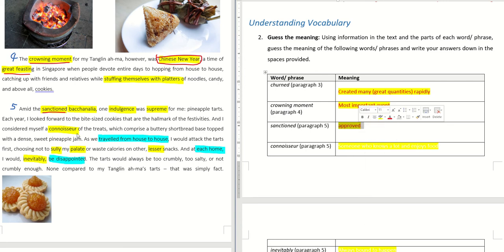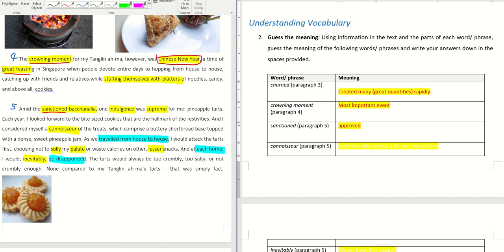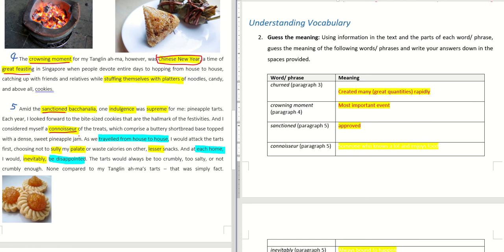Next, connoisseur. Looking at the word connoisseur of treats, she attacked the pineapple tarts in every house. In each home she would be disappointed. The tarts are too crumbly, too salty, not crumbly enough.